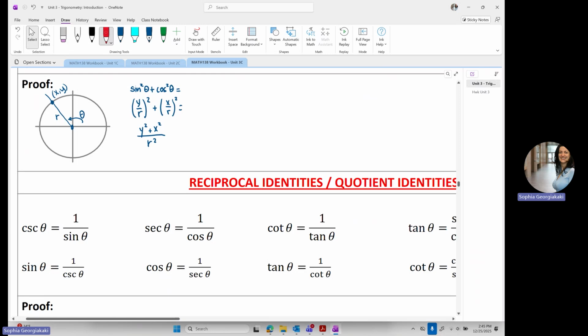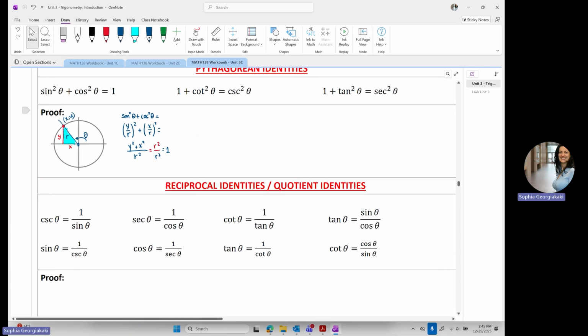And as we have discussed, when you create this triangle that is attached on the x-axis, the vertical distance of the point on the terminal side from the x-axis will be your y-coordinate, and the horizontal distance will be your x-coordinate. And y squared plus x squared in the right triangle created equals the hypotenuse squared. So the numerator is actually r squared. And therefore, r squared over r squared will equal 1. This proves the first Pythagorean identity.